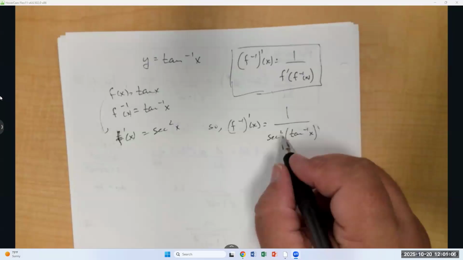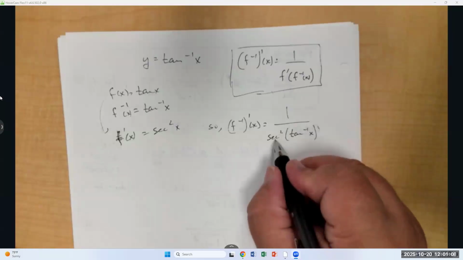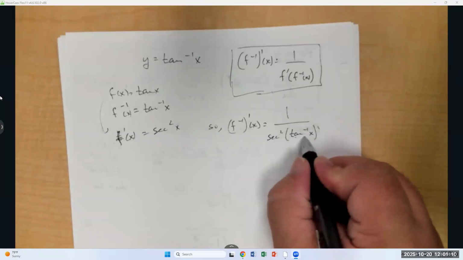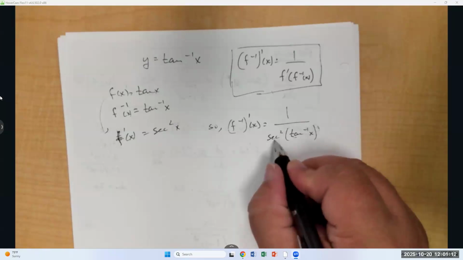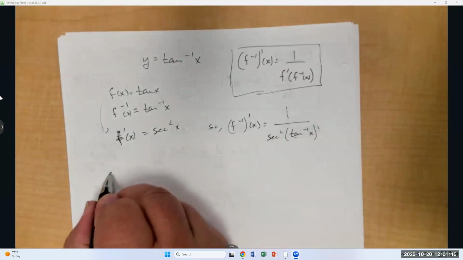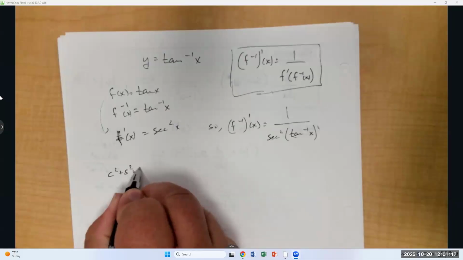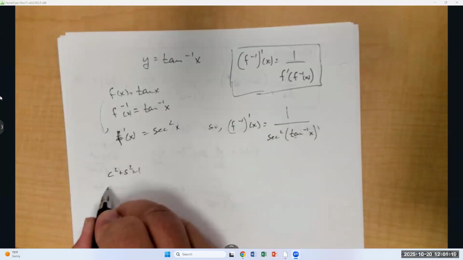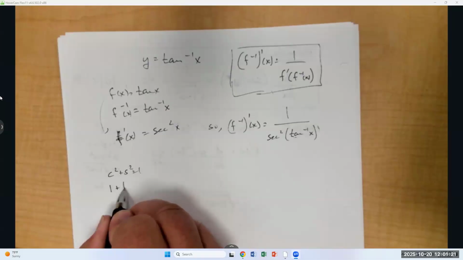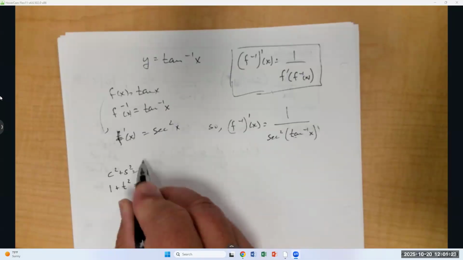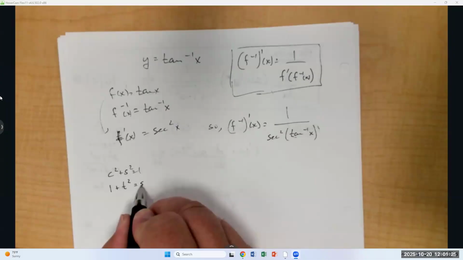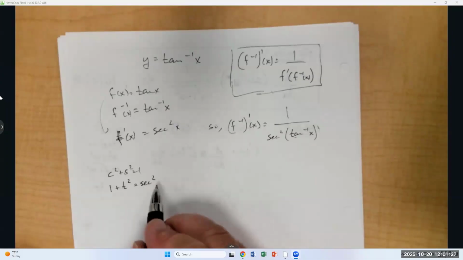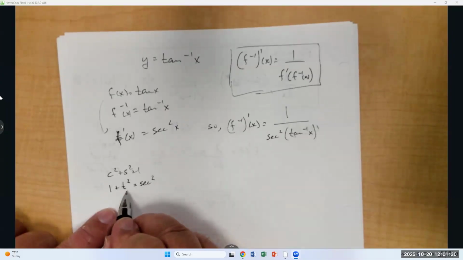So what exactly is secant squared? Because that's inverse tangent, we can't touch that. So what's secant? Remember, cosine squared plus sine squared equals 1. We divide by cosine squared, we get 1 plus tangent squared equals secant squared, right there.